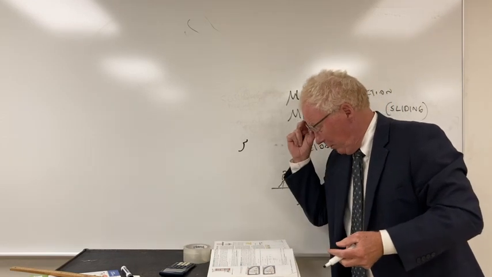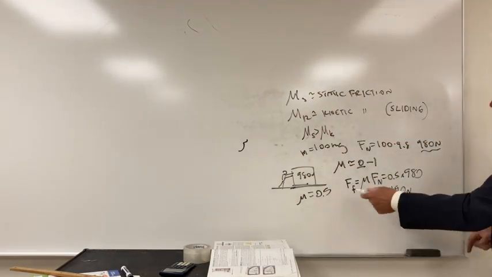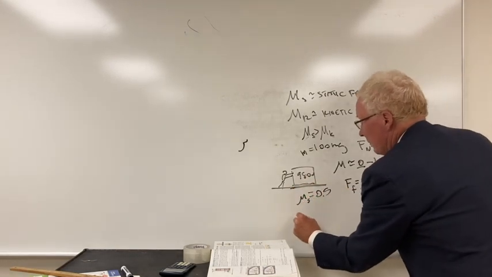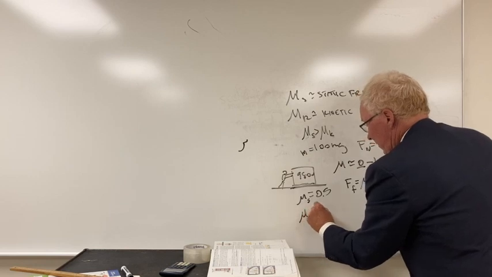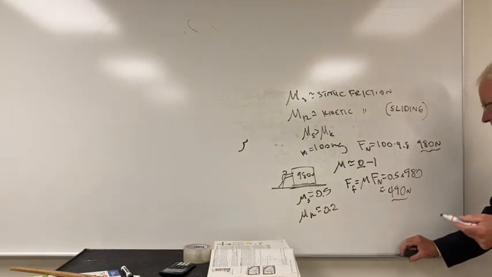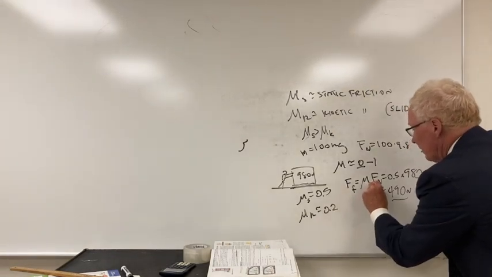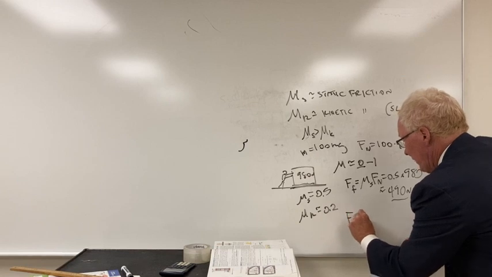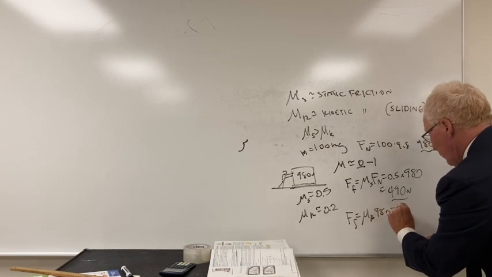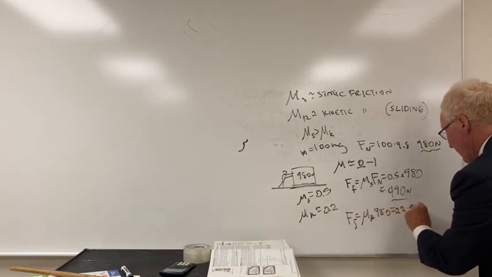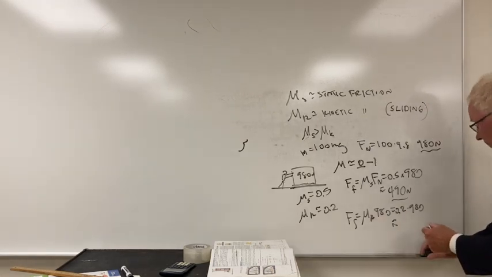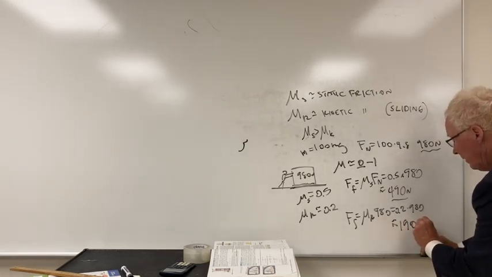An example of that is the wood. That's what it would take for static friction, but the kinetic friction could be as low as 0.2. So it takes 490 newtons to get it going, but once we get it going, the friction would be mu k times 980, which would be 0.2 times 980, which is approximately 190 newtons.